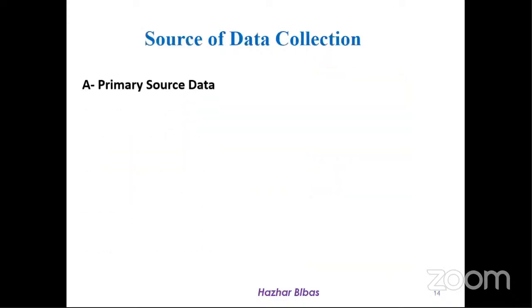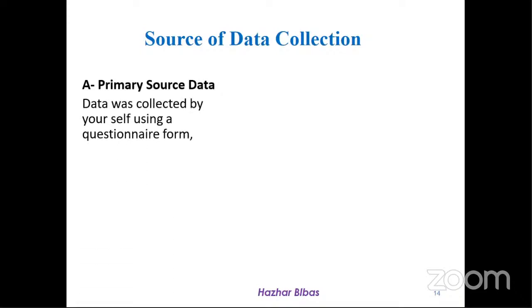Source of data collection: you have two sources. Primary source data means you're going to collect the data by yourself, as a researcher. It means you're going to create the questionnaire form, distribute it to the people from the population that you have decided to work on, and then they return the form and you have your own data.